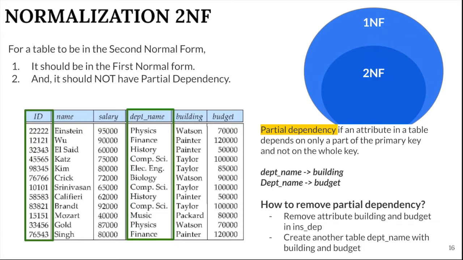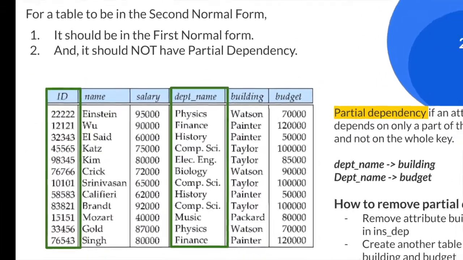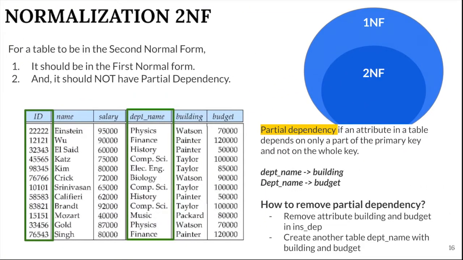If it's a partial dependency, then you can have a functional dependency na dependent sa portion ng primary key. So, for example, the building is functionally dependent on the department name. Actually, yung budget din, functionally dependent on the department name. But the department name is not the entire primary key for this table because the primary key is ID and department name. So, may partial dependency.